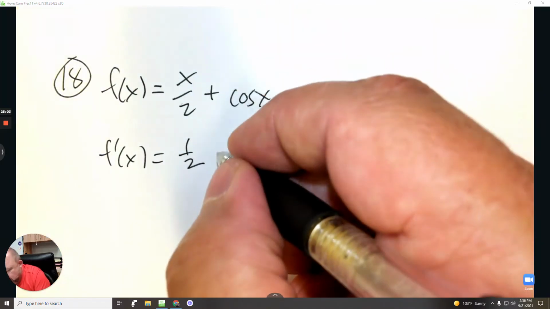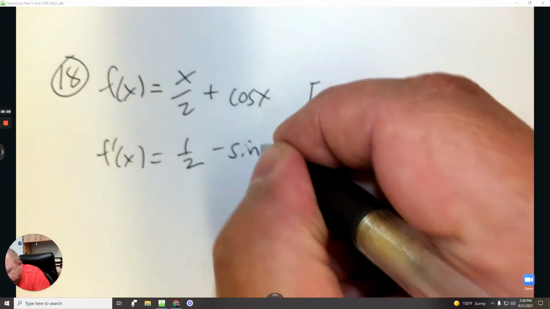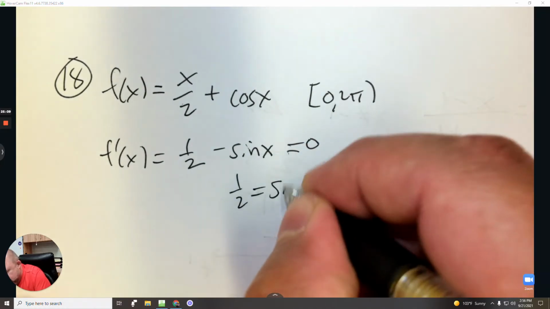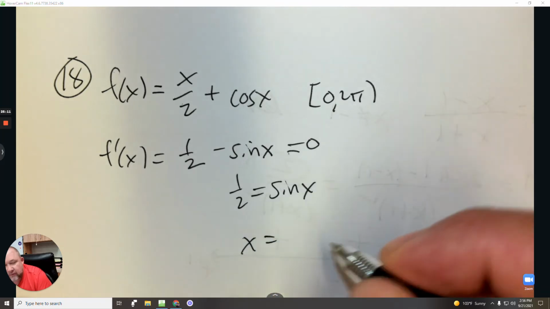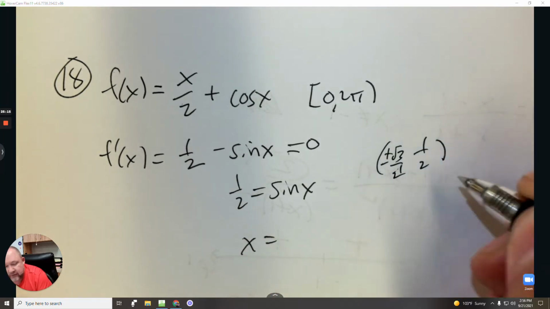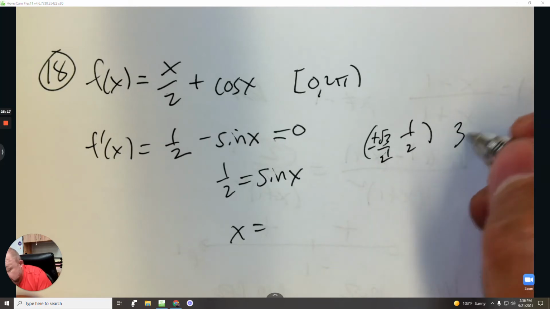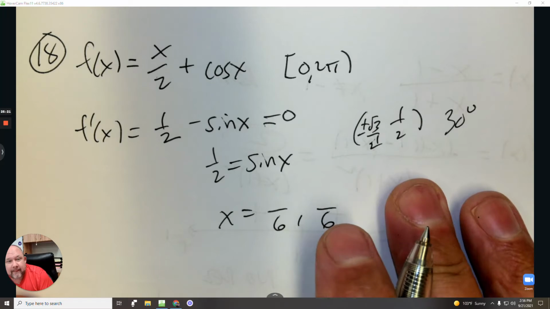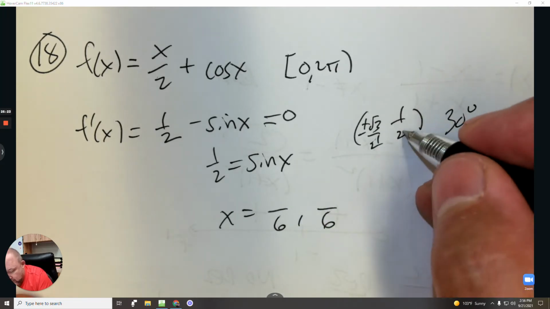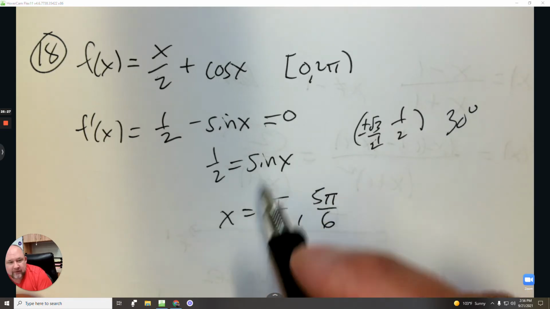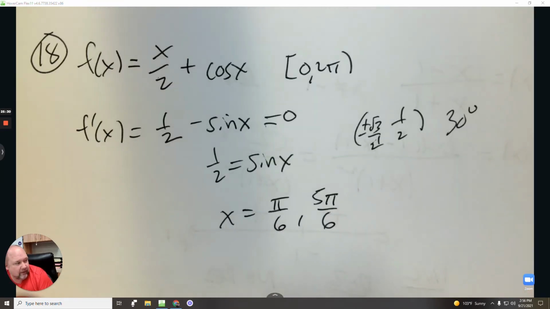The derivative of cosine is negative sine. Make it equal to 0. So I'm going to add sine to the other side. So if the y value is 1/2, the x is positive or negative root 3 over 2. This is a 30-degree reference angle. It's pi over 6. So this is quadrant 1 and 2. So it's pi over 6 and 5 pi over 6. Those angles solve that equation.